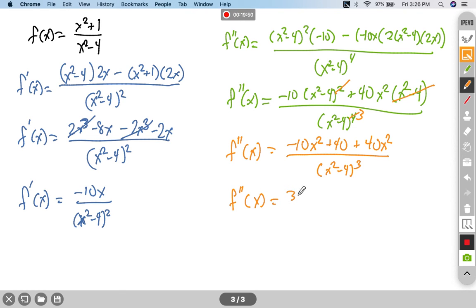So I get 30x squared plus 40 over x squared minus 4 cubed, which is 10 times 3x squared plus 4 divided by x squared minus 4 cubed.